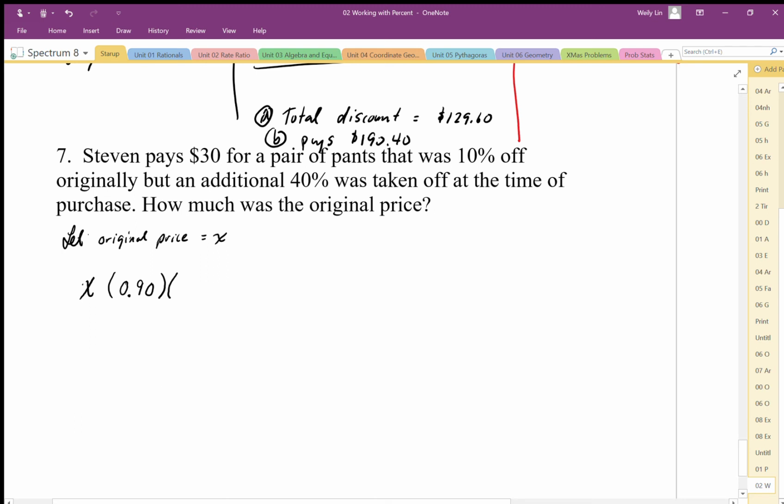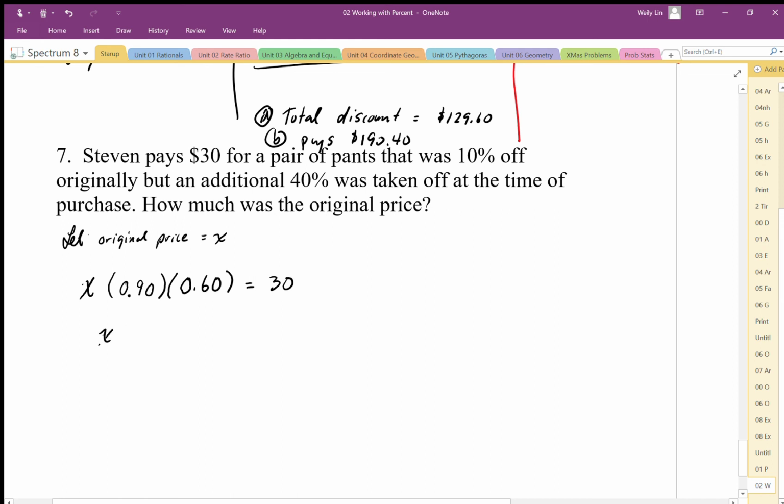We want to take an additional 40% off. Then my multiplier is going to be 60%, because if I take 40% off, I'm paying 60%. If I take 10% off, I'm paying 90%. And that discount gets me down to $30. I want to solve for the original price.